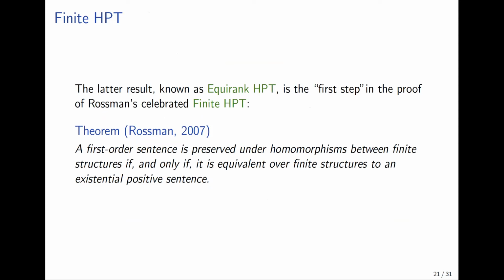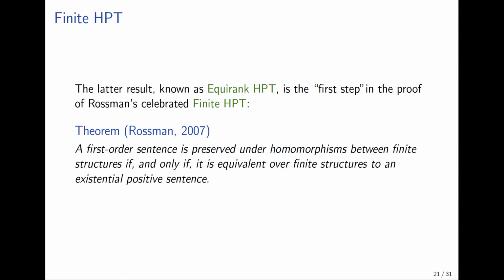So the problem was whether the classical homomorphism preservation theorem can be relativized to finite structures. And in fact, it turns out to be the case. And the proof is very involved. It's very combinatorial. And by the way, it's not comparable with the classical homomorphism preservation theorem because both the assumption and the conclusion are weaker. Okay?